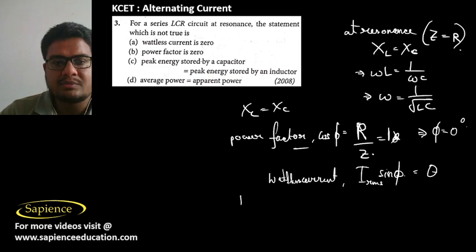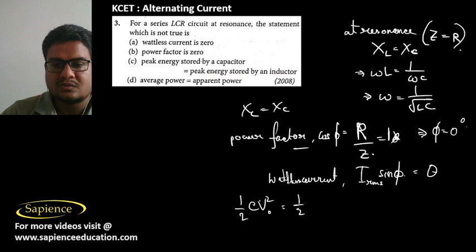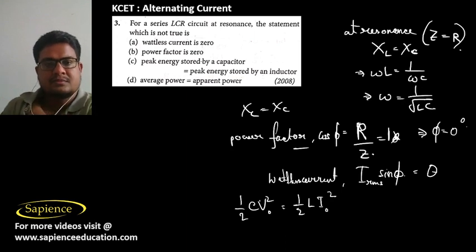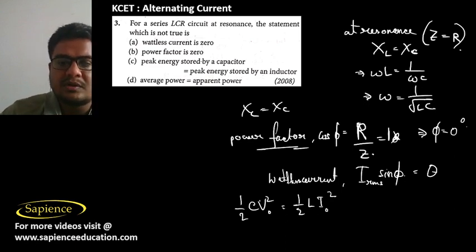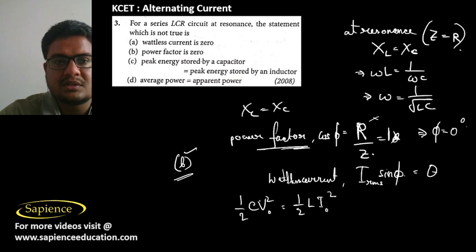Peak energy stored by capacitor, that is half C V naught square, is equal to peak energy stored by inductor, which is half L i naught square. The average power is equal to apparent power. So therefore the power factor is not 0. So option B is the wrong statement. So it's the correct answer, since it is asked which statement is not true. Statement B is not.